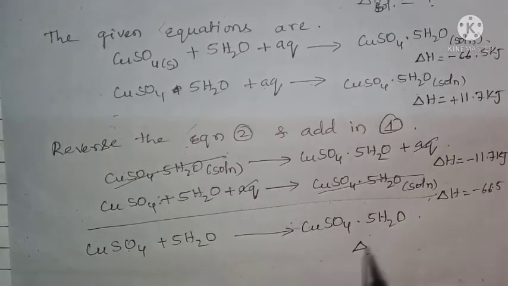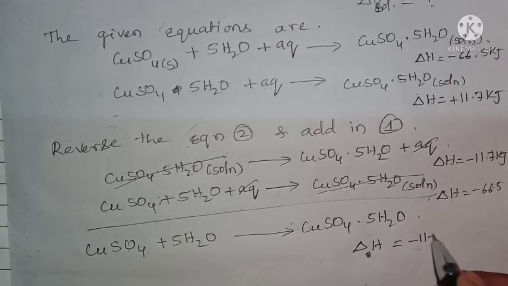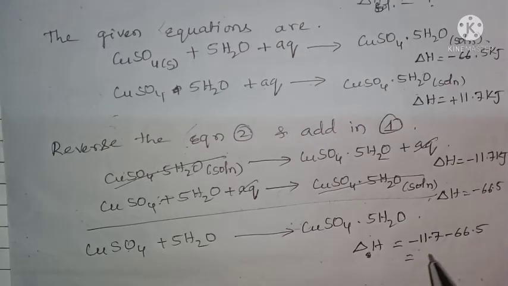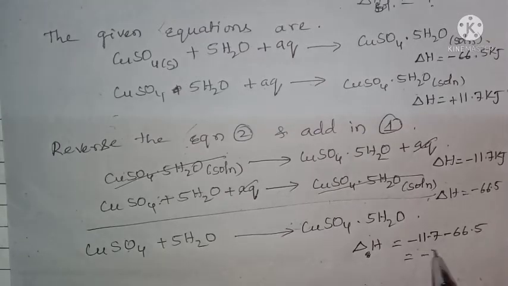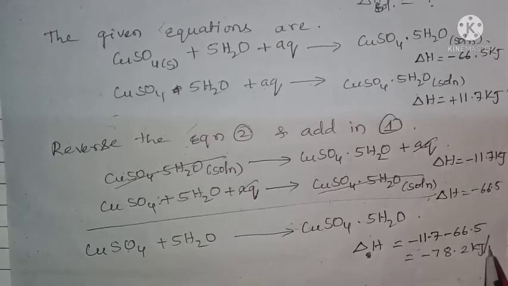During this, delta H is equals to minus 11.7 minus 66.5. This is equals to minus 78.2 kilojoules per mole.